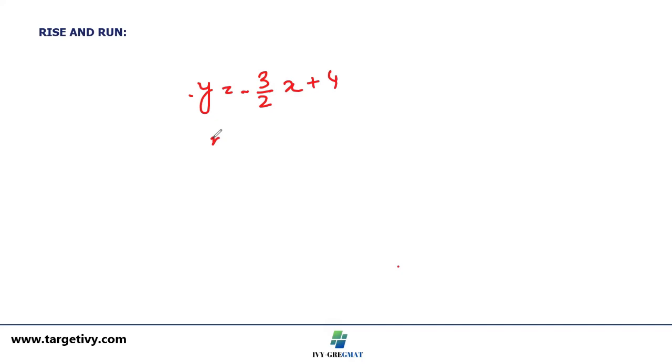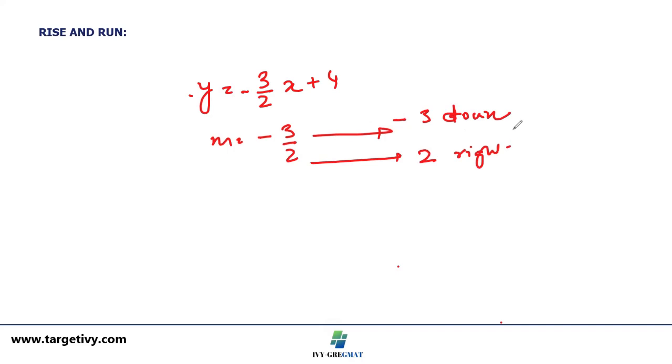Then its m becomes minus 3 by 2, which means minus 3 down and 2 right. I think that explains. Minus 3 down and 2 right. Clear?